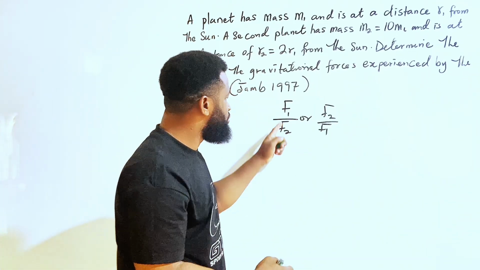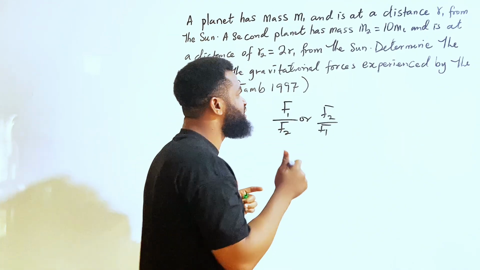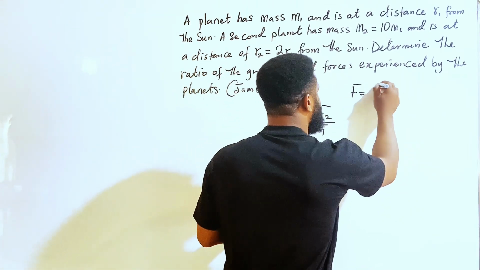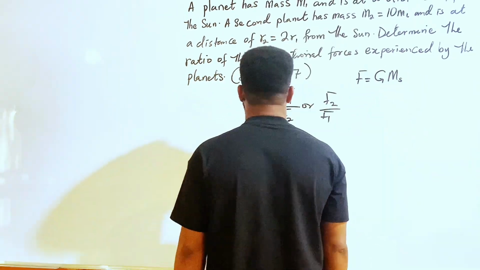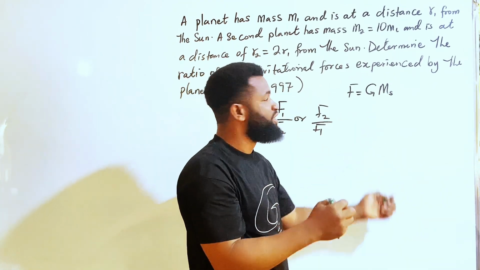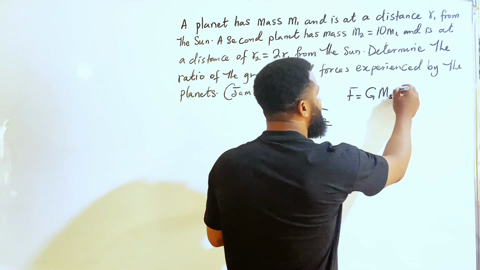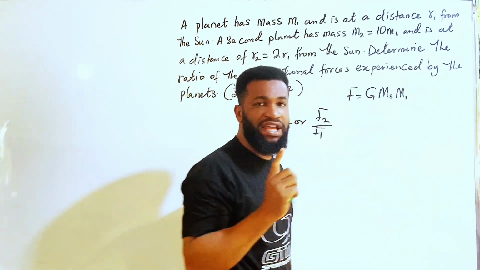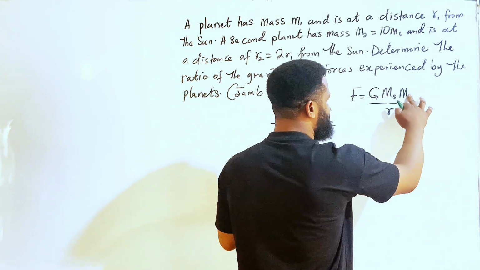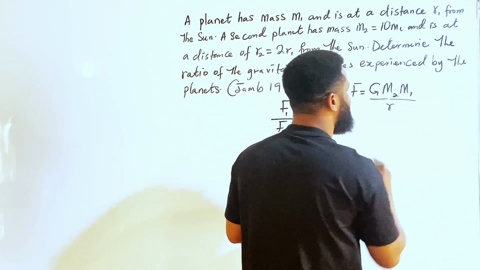What do I mean by this force? I'm talking about the gravitational force. So what is force in general? The gravitational force is given as Fg, which is G, the gravitational constant, times the mass of the sun, times the mass of the planet, all over the distance squared separating the two.